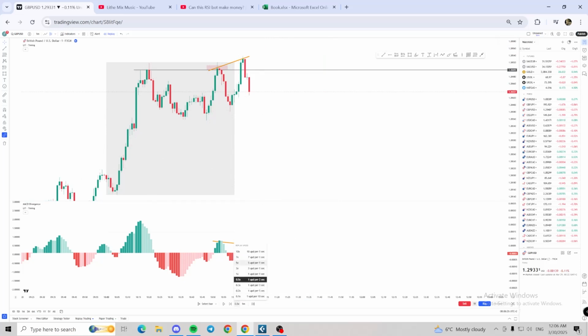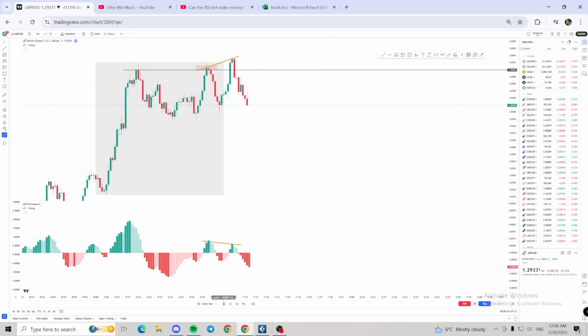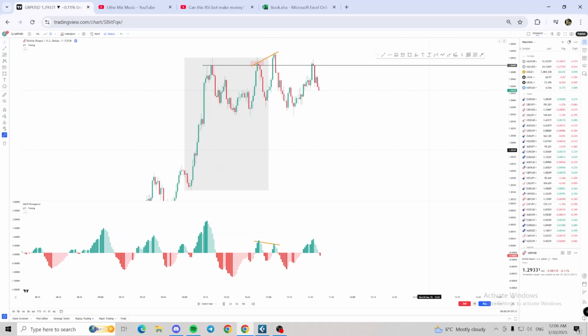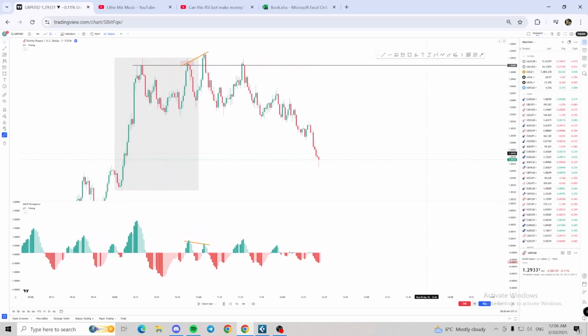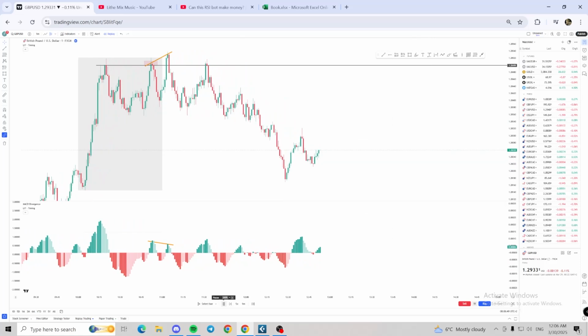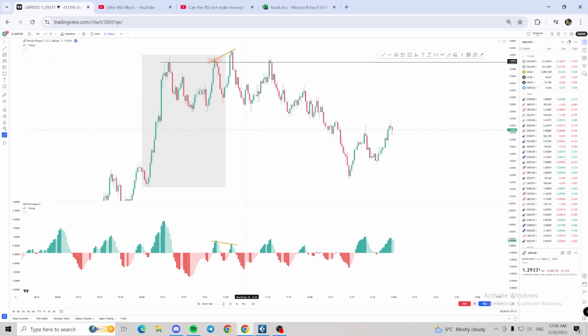We can check what happens. Okay, so the trade would have been profitable here, but I mean, it was outside of our trading zone here.